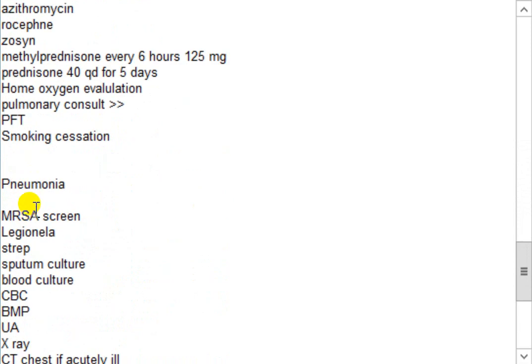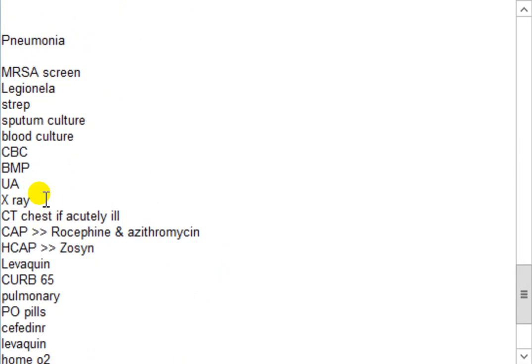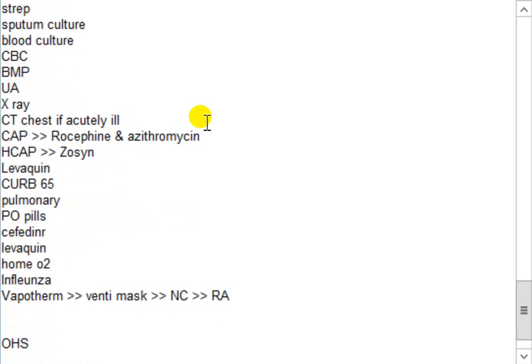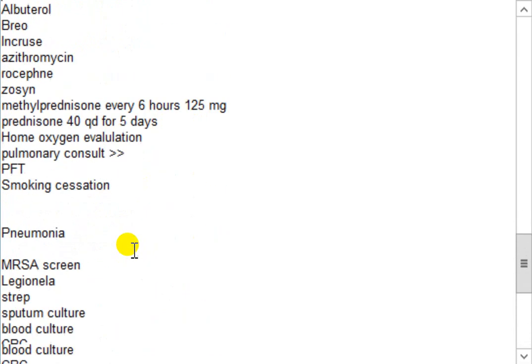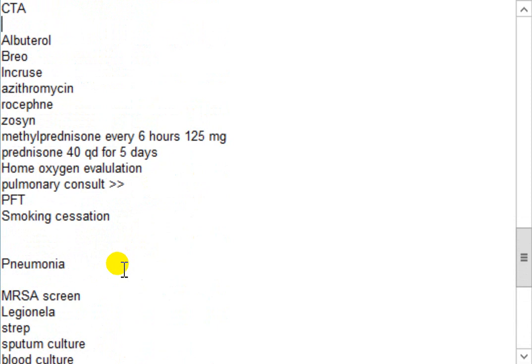And for pneumonia, usually MRSA screen, Legionella, sputum culture, blood culture. Rocephin, azithromycin if it's CAP. If it's HCAP, you can do Zosyn, broad coverage, and CURB 65, and then you can send them home. And in both COPD exacerbation and pneumonia, involve the consultant, pulmonary, if they look bad, so that they can even follow them as an outpatient as well.